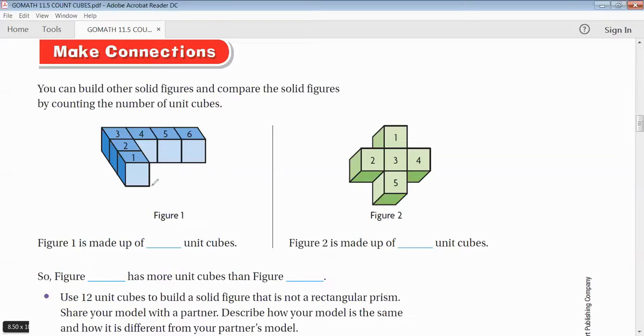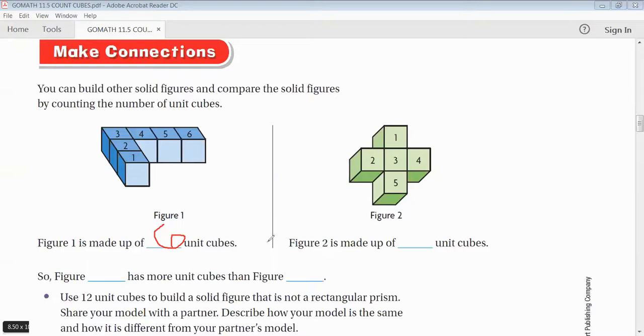Let's pretend we don't see the numbers on top, and let's count the cubes or blocks. In figure 1, we would see that we have 1 cube, 2 cubes, 3 cubes, 4 cubes, 5 cubes, and then 6 cubes. So figure 1 is made up of 6 unit cubes.